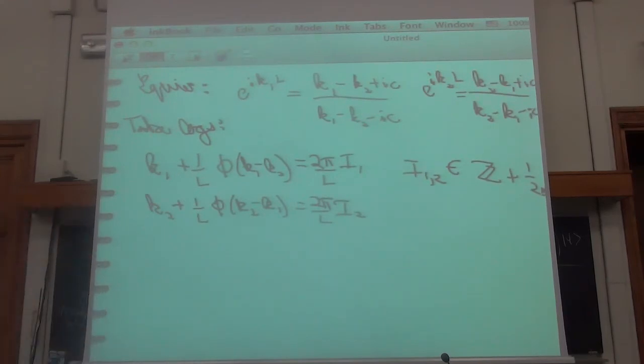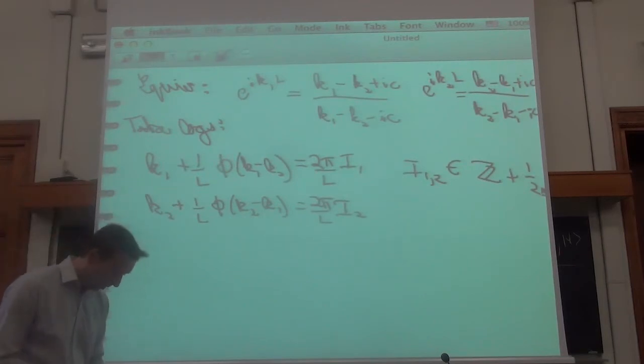And then the conjecture is that the set of all possible sets of quantum numbers gives you a complete catalog of eigenstates, and therefore a basis for the Hilbert space of your system. So that's the general idea.